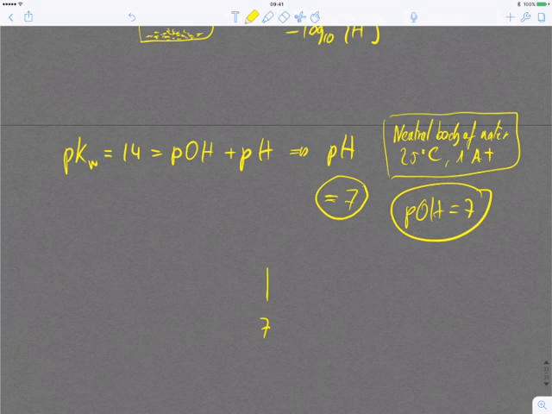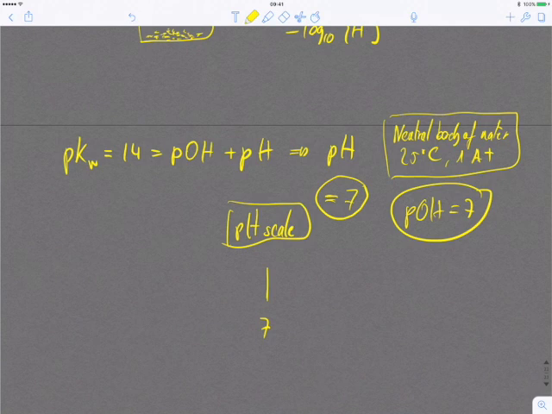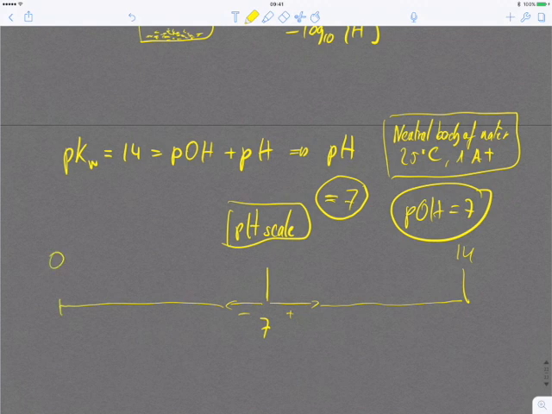So that is what we call the pH scale. In this direction you will have increase and decrease, all the way to 14 and all the way to 0. So if you're decreasing now the pH towards 6, 5, 4, 3, 2, of course, missing one 0 here.